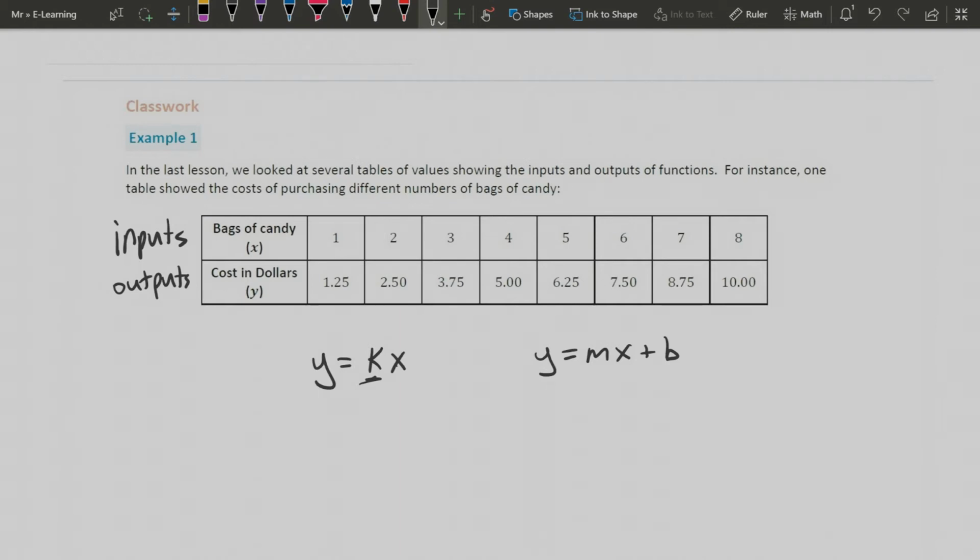In particular, what I'm throwing out there is this y equals mx plus b that we've seen so much of lately. This is the slope-intercept form of a linear equation.